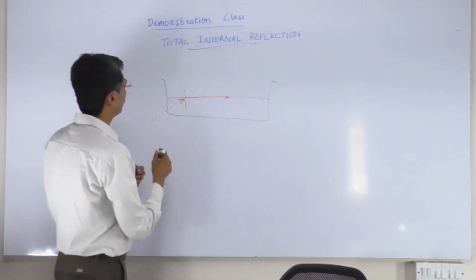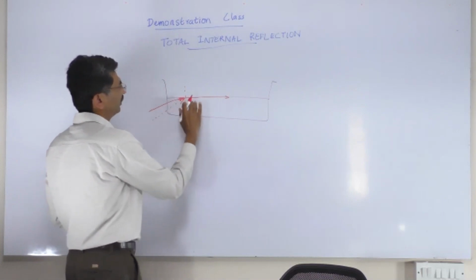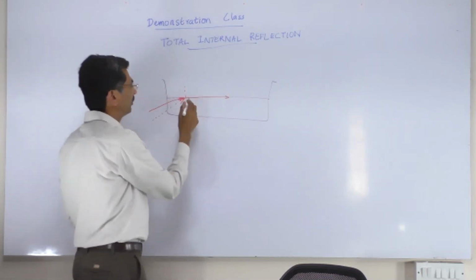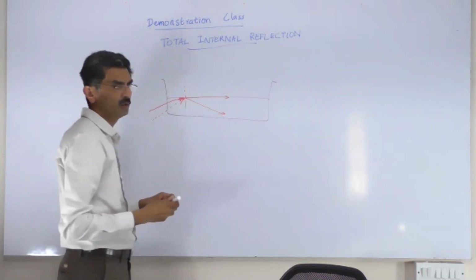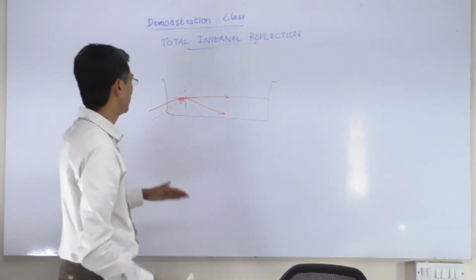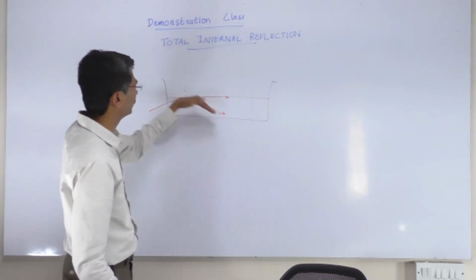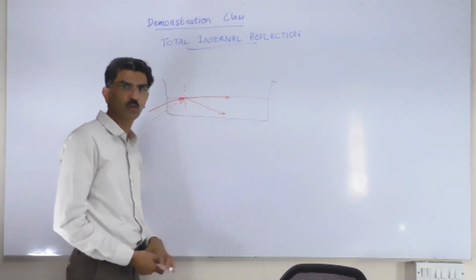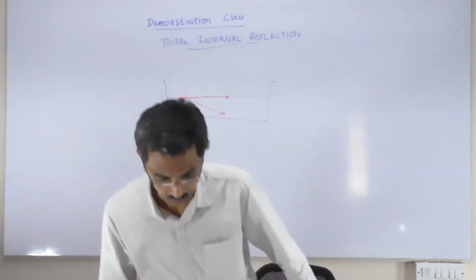And if I increase the angle of incidence even more, there is no longer refraction, but the light becomes reflected. And that is what we call total internal reflection. So the ray of light, instead of getting refracted, becomes reflected back into the water. And that is what we call total internal reflection.